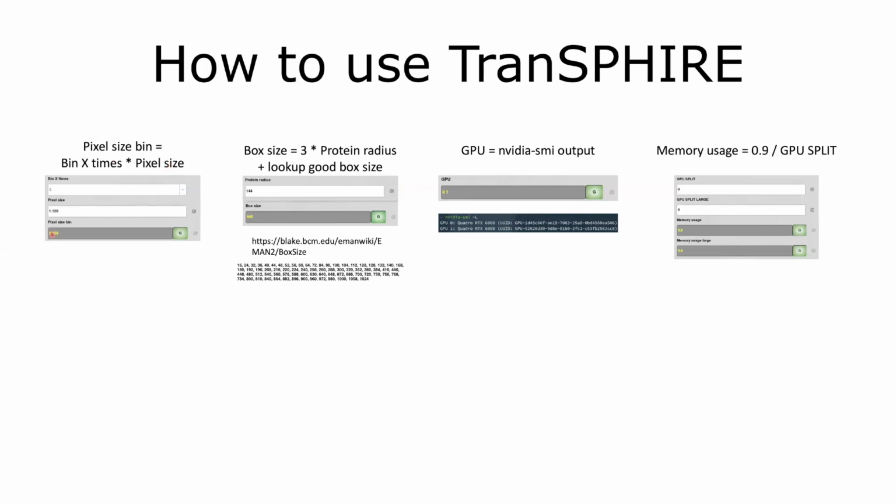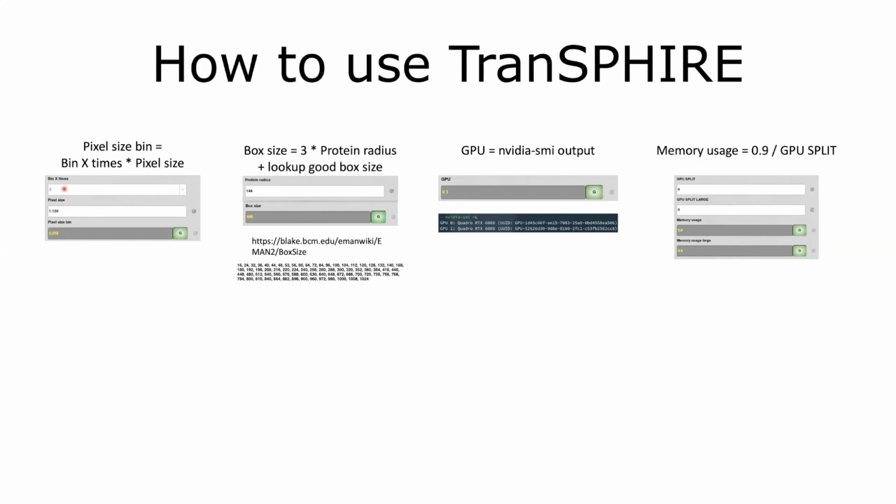So for example, the pixel size bin here, which is useful for super resolution data, because usually super resolution data is binned 2 times during the motion correction step. That means for all processors after the motion correction step, the pixel size is actually twice as high, or doubled, compared to before.